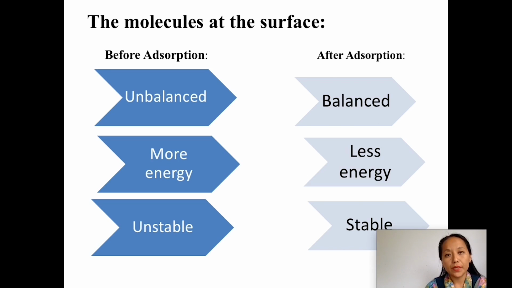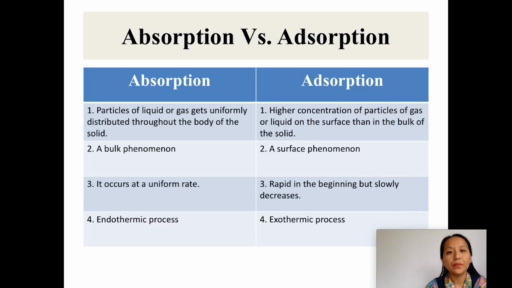Whenever a molecule is unstable, it has high energy, and if it has high energy, it is said to be reactive. So that is the case before the adsorption. After the adsorption, the molecules at the surface become balanced, the forces are balanced, they release extra energy, therefore they have less energy and become stable. So that is about the reason for adsorption.